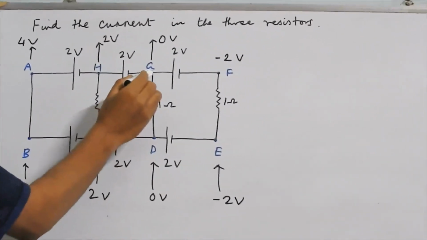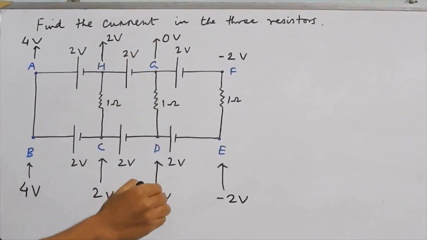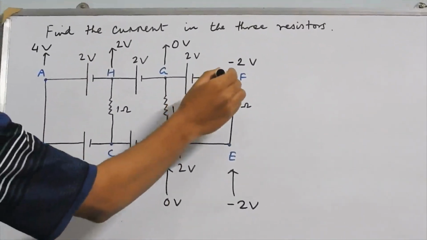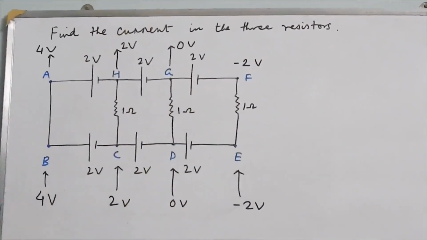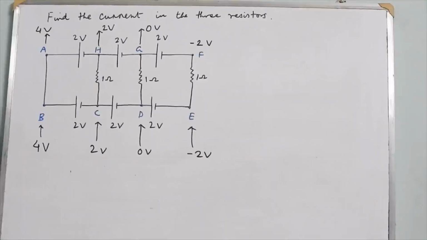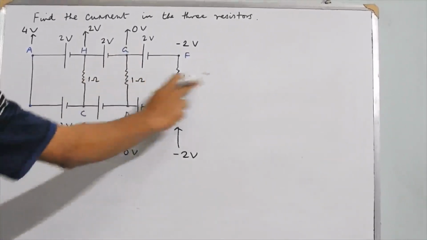Similarly, with respect to points G and D, they are at the same potential, 0 voltage. So no current will flow through this 1 ohm also. Similarly, with respect to F and E, both are at minus 2 volt potential. So no current flows through this 1 ohm either. So we can say that current flowing through all these 1 ohm resistances is 0.